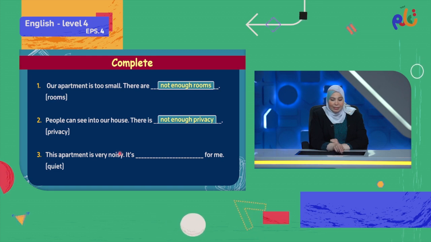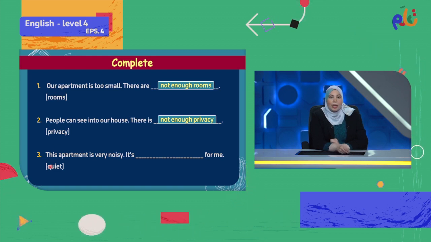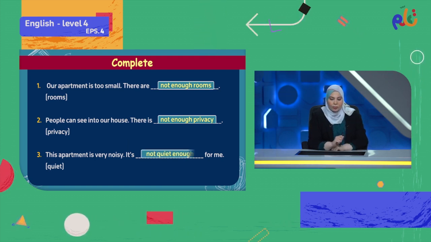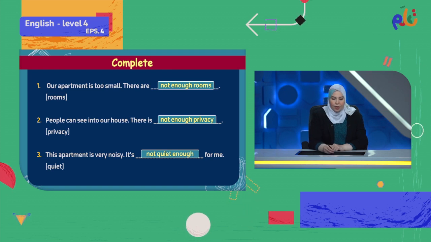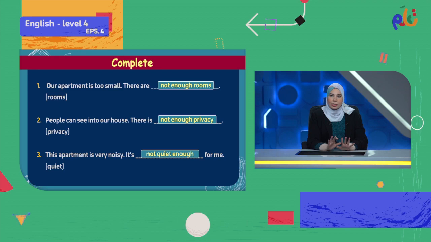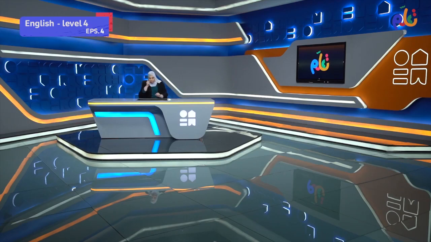This apartment is very noisy, and here we have quiet, which is adjective. It's not quite enough. So I started with quite and then enough. See how I used them? So this is how we start, and this is how we speak about it when we start comparison or evaluations.